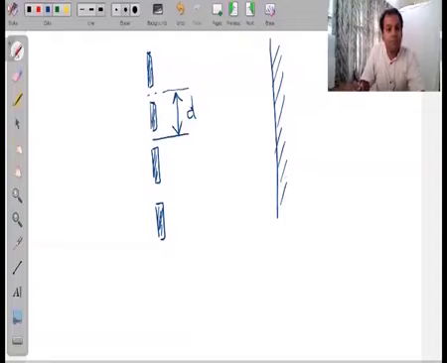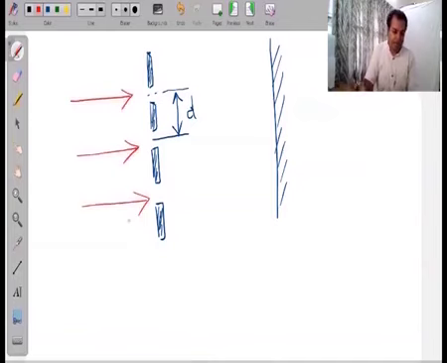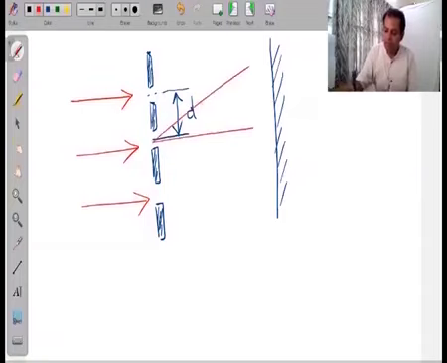So let me draw the incident radiation. And this radiation gets deflected at an angle theta, the diffracted ray, because each point is a source of secondary wavelets. So at angle theta, we have to see whether we get constructive interference or not.